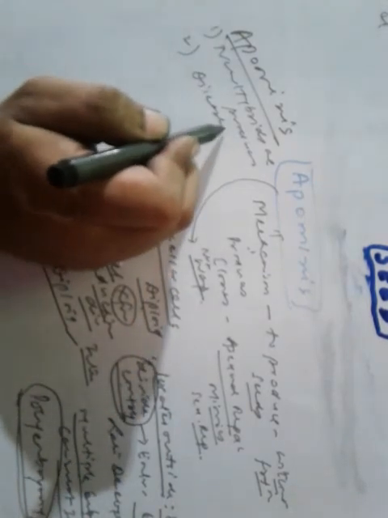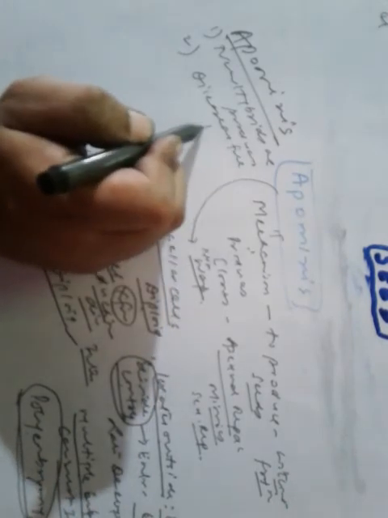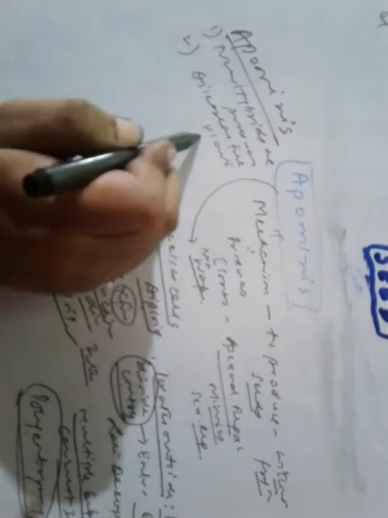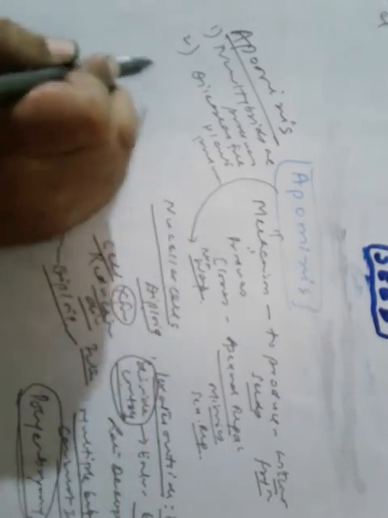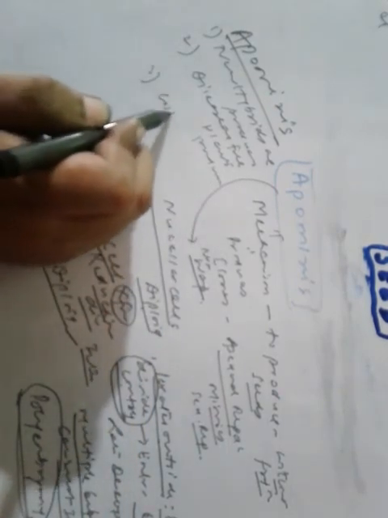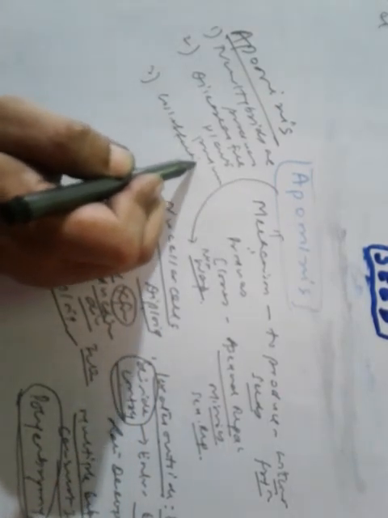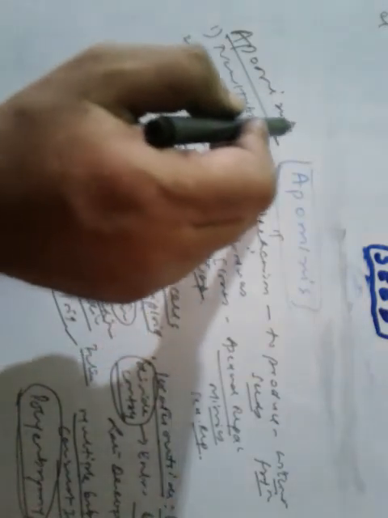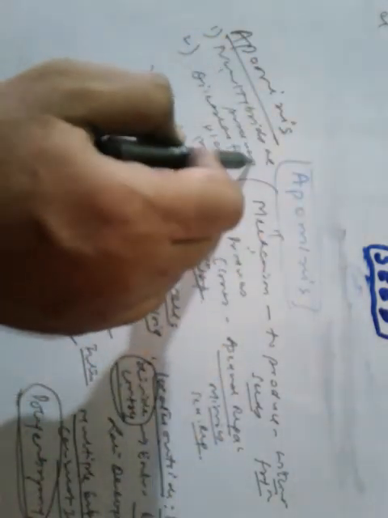Disease-free plants are produced. Third, it is cost effective. In less cost, production can be done. So, economic importance of apomixis: new hybrids can be produced, disease-free plants can be produced, and it is cost effective.